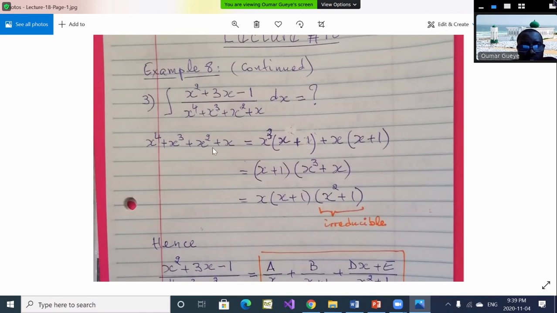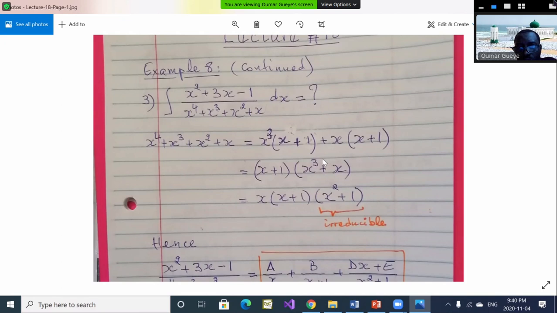From the third and the fourth terms, x is a common factor. So you factor out x, you will get just x plus 1. From this step, x plus 1 is a common factor. We're going to take it out. And when you do so, in the first term it remains x cubed, and in the second term it remains x.